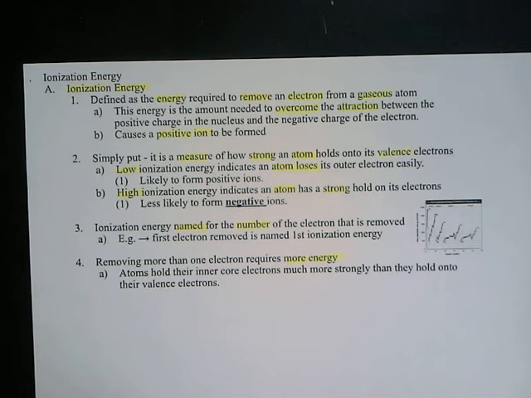In fact, it's wanting more electrons. And as more and more electrons are removed, the amount of energy it takes becomes more and more. All right, so we can move on to our trends for ionization energy.